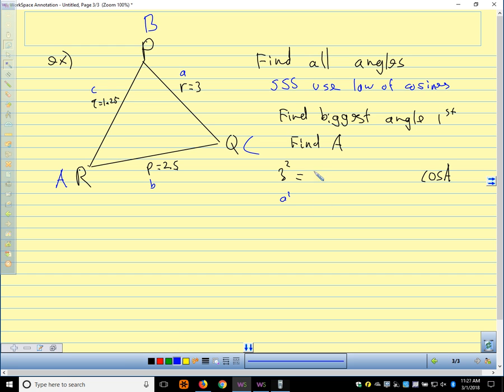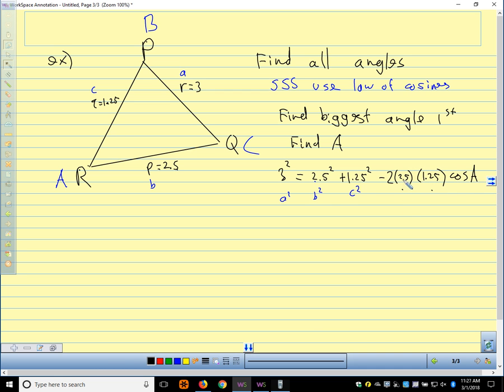So we're going to say 2.5 squared, that's B squared, and then 1.25 squared, that's C squared. And then minus 2 times 2.5 times 1.25 times the cosine of A.